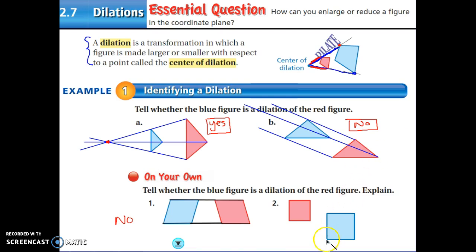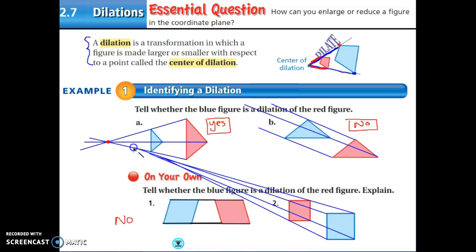For number 2, I'm going to repeat this process and begin connecting the vertices of the squares. Because they are so similar in size, I'm going to have to draw my lines much longer than I did in previous questions because they won't come near each other for quite a ways.